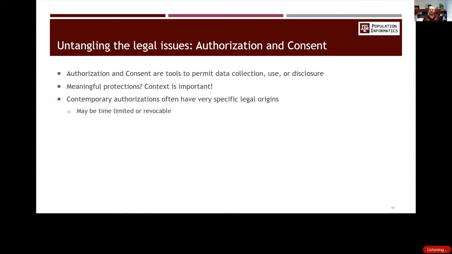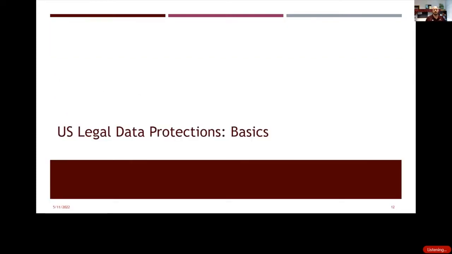Like confidentiality and like privacy, many contemporary authorizations or consent forms have very specific legal origins. They exist, and the terms in those disclosures can be directly due to specific legal mandates. Some of these can be revocable, some of these can be time limited.